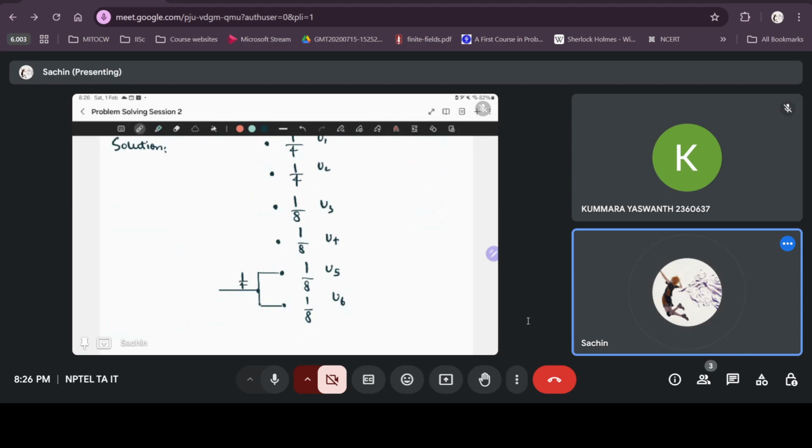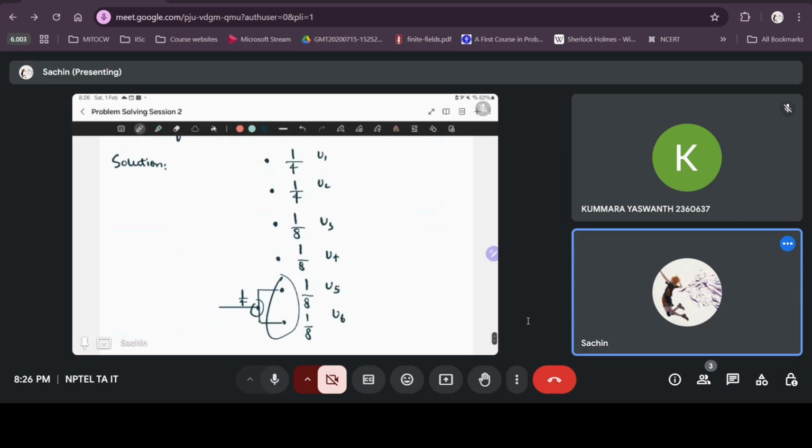Now you ignore this part and consider this as your vertex. So you have one, two, three, four, five vertices now, and you repeat the procedure again. You find the two least likely vertices, so two vertices with probability 1 over 4. Again, you have multiple options in each step if there are multiple vertices with the same probability.